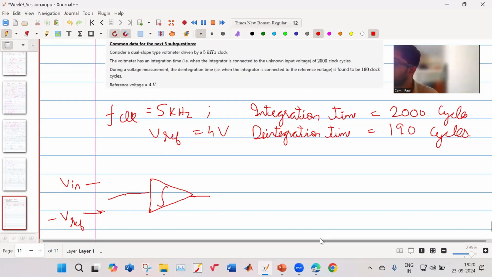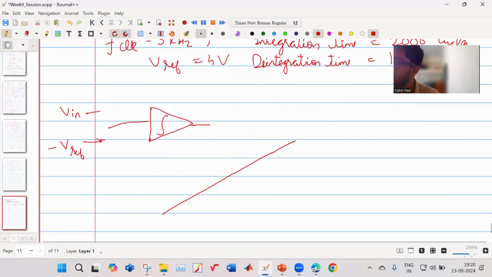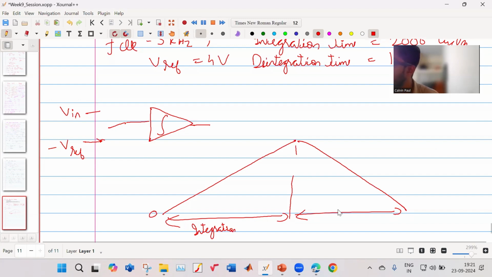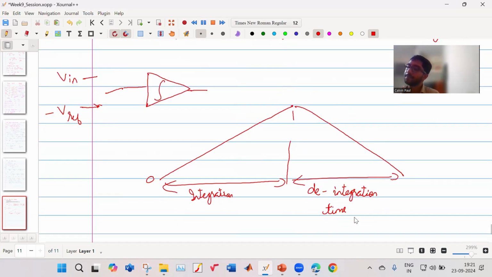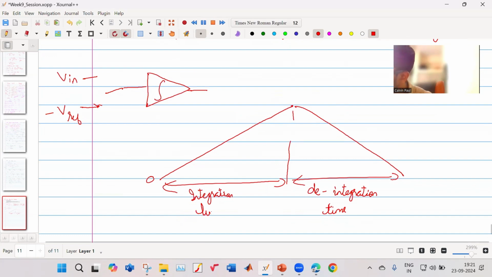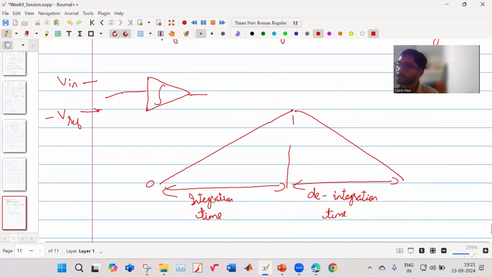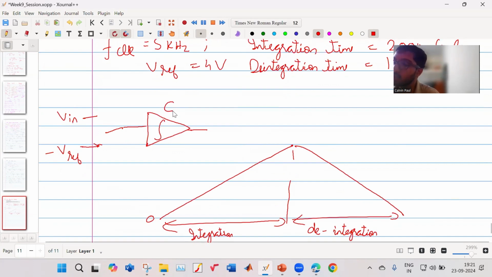And then what will happen? It will start rising, right? And this is for some period of time. So this is known as your integration time. And then it is connected to your minus Vref and it comes back to 0. So this is known as your de-integration time. Okay. So now let us assume this as a slope.